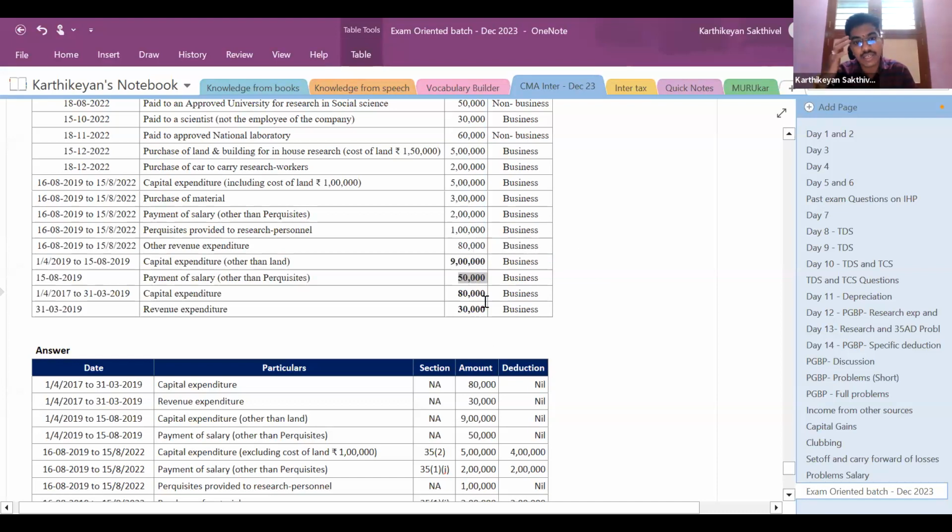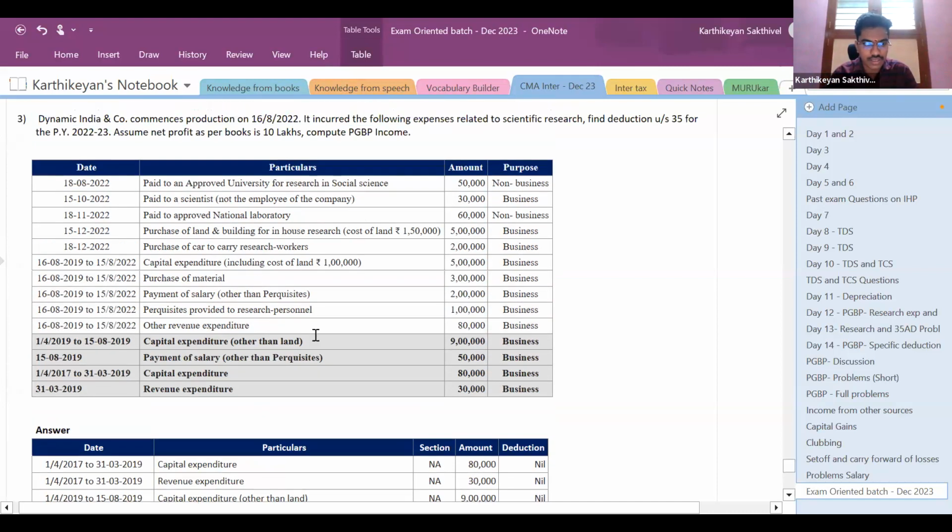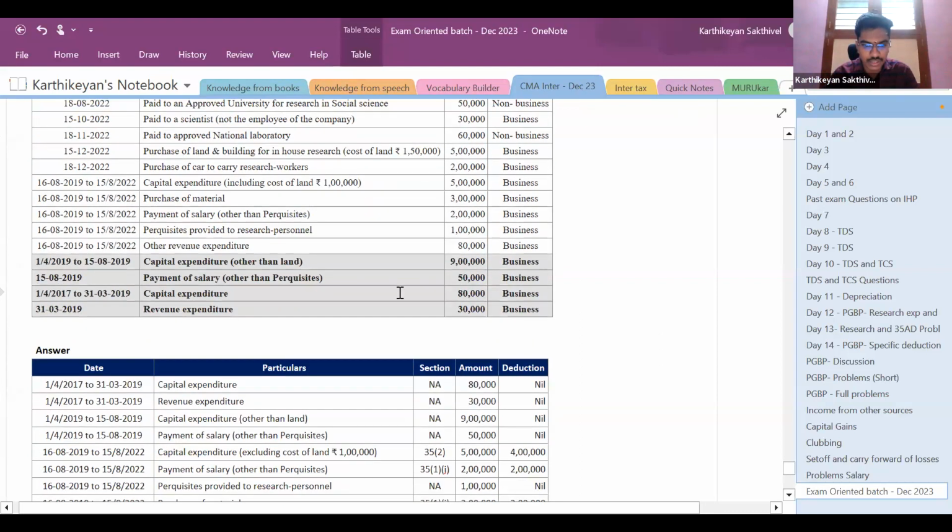All these four are before 3 years, and hence not allowable, right? That part is over. Next, let us come to the period 16/8/2019 to 15/8/2022. Including cost of land 1 lakh, excluding cost of land 4 lakhs. So 4 lakhs is allowable.